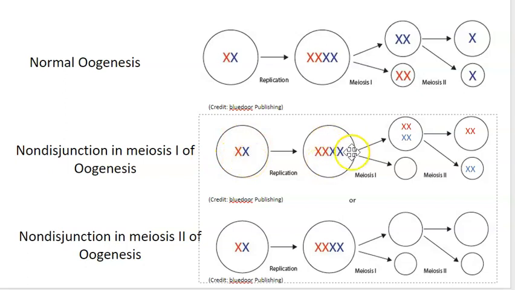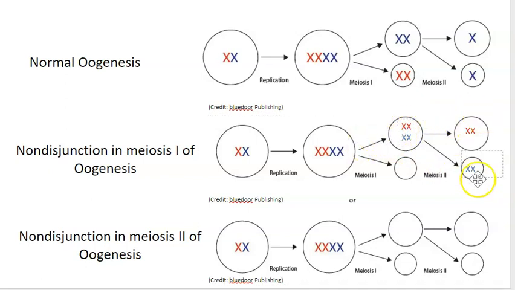If non-disjunction is happening in meiosis 1, the idea is that all of these sex chromosomes are getting pulled into this cell, and then they should divide. But notice up here there should be only one X, and down here there are 2. That means these gametes are all going to have an abnormal number of chromosomes. These gametes have 24 instead of only 23.